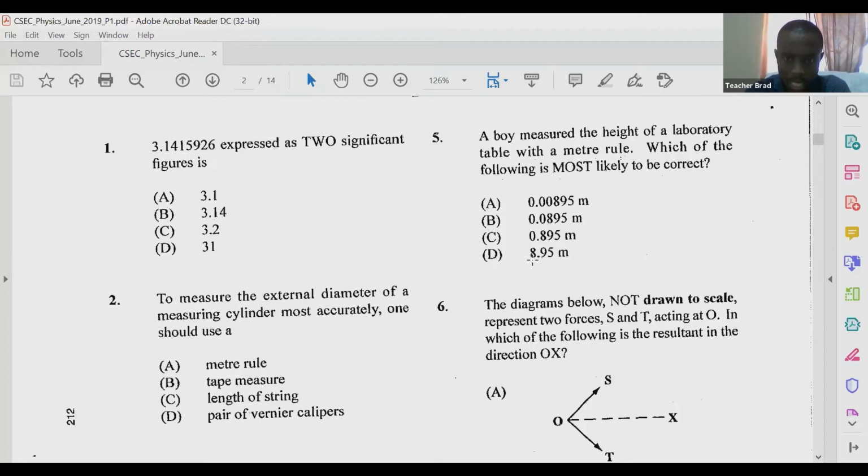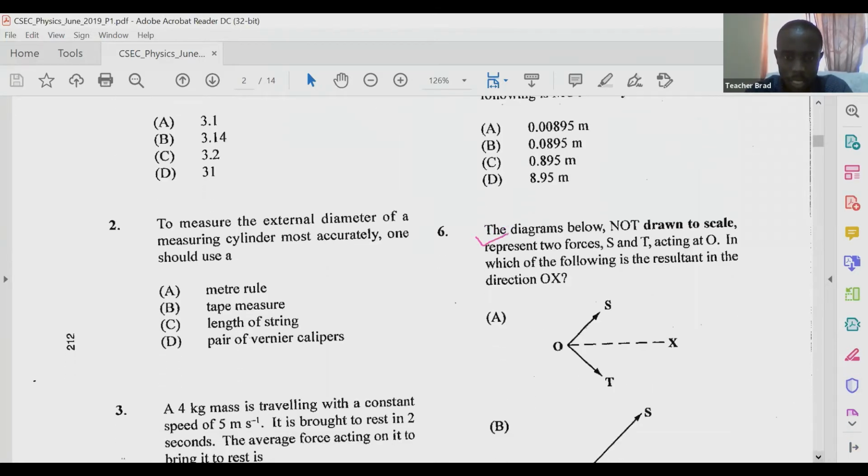And D is saying 8.95 meters. That is way too much. That's probably taller than my house. So that's way out. So the most likely answer there would have been C as in cat, which is roughly 90 centimeters or 0.895 meters. So that's the correct answer there.